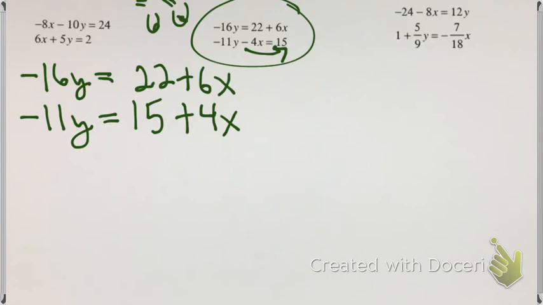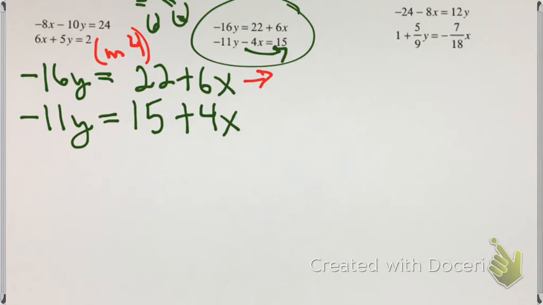Now from there, boy, where do I go from there? I'm looking at 16 and 11. Well, I don't want to multiply anything by 16 or 11. I do see the 6x and the 4x, so I can actually multiply this first equation by 4. I can do 16 times 4, and you might need a calculator for this.